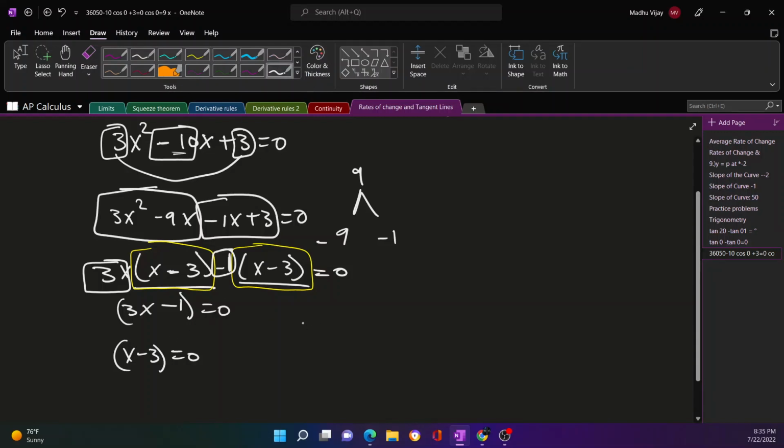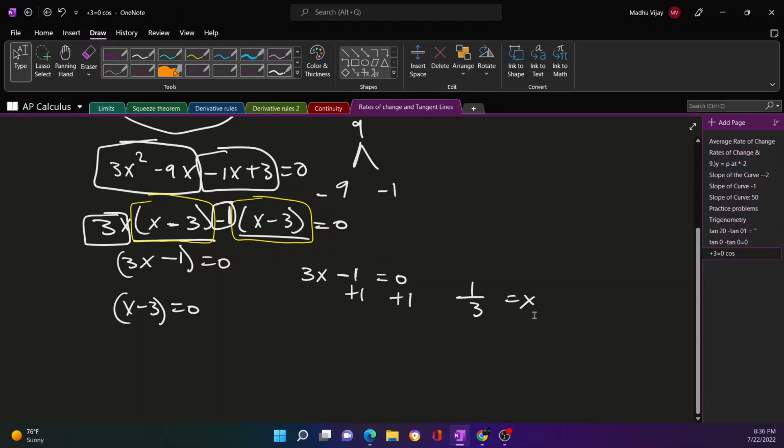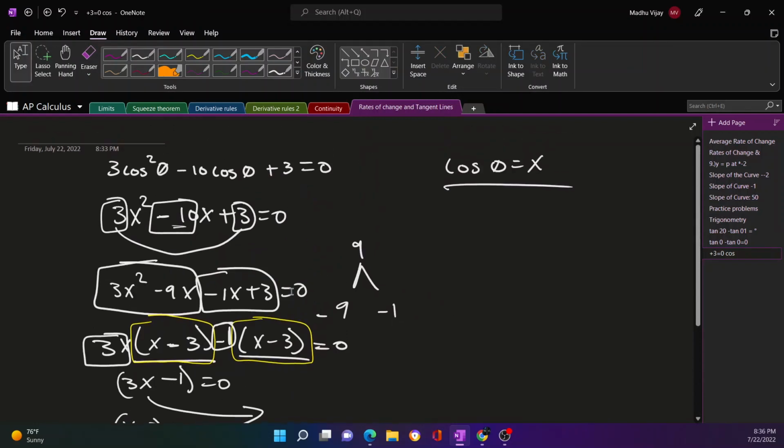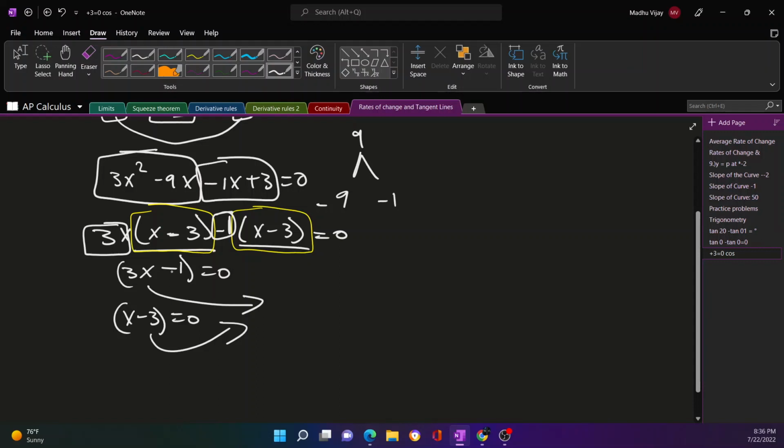So this can just be 3x minus 1 is equal to 0, and then you just add 1. So that would just be 1 over 3 is equal to x. Since we're solving for tangent, we can actually stop at this step and now just plug in cosine theta everywhere you see x.